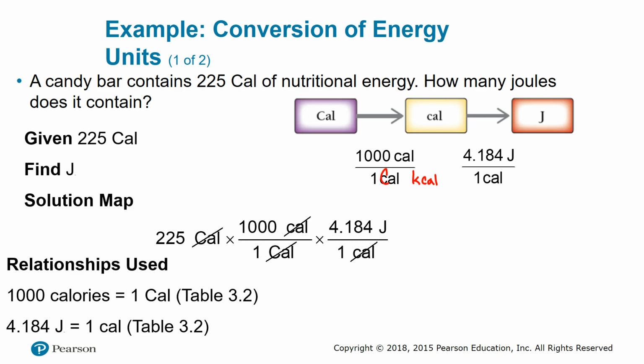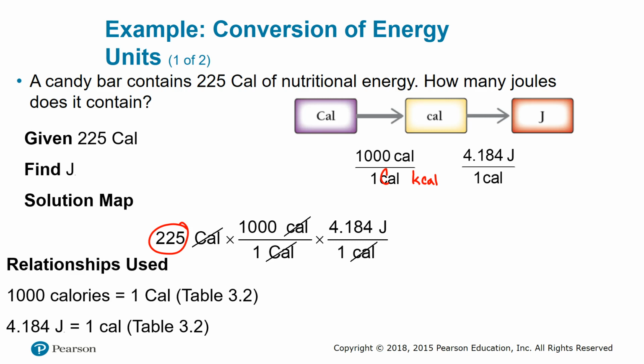In this one, both of these are conversion factors. They're exact numbers, so they're not going to affect the sig figs. The 1,000 to 1 is a conversion factor, considered exact. Same thing with the calorie to joules. It's an exact number.